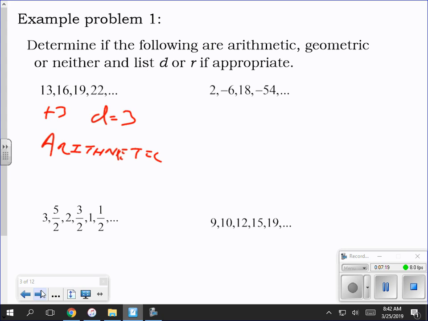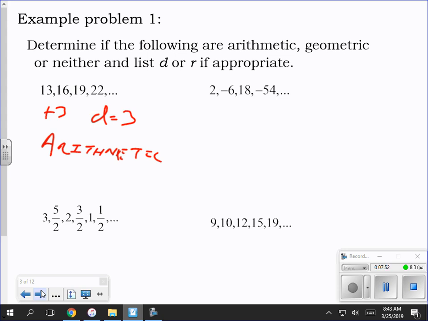So it's an arithmetic sequence. Now, you look at this next one here, 2, -6, 18, -54. If it changes sign every other term, I'm not going to get that by adding or subtracting each time. I'm not going to go from positive to negative to positive to negative by adding or subtracting each time. So this one's possibly going to be a geometric sequence. To get from 2 to -6, what am I going to multiply by? -3.